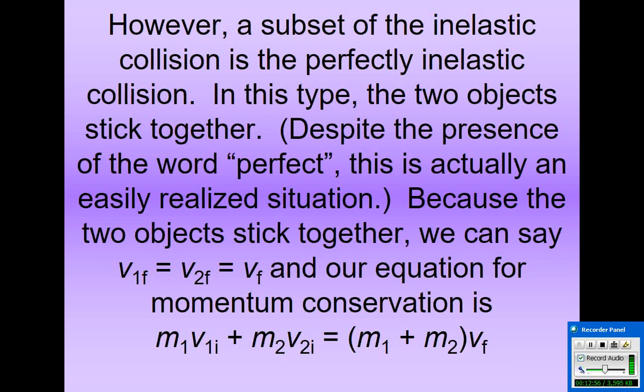And our expression for conservation of momentum simplifies a little bit. I have one less variable to worry about, and you can see the expression at the bottom of the page for the perfectly inelastic collision where the two objects stick together. M1 V1 initial plus M2 V2 initial equals M1 plus M2 times V final.